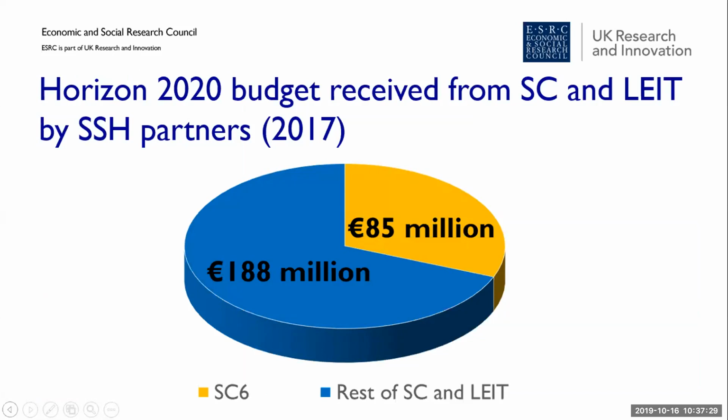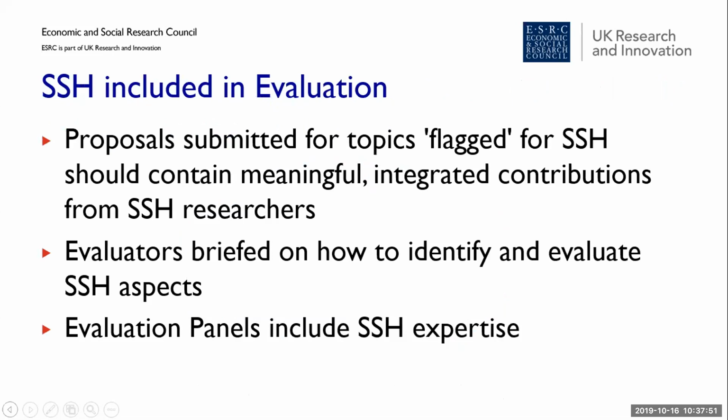This is just in societal challenges and the industrial leadership pillar. Only one third of that is within Societal Challenge 6, so the other two thirds is outside, in other topics in Horizon 2020.